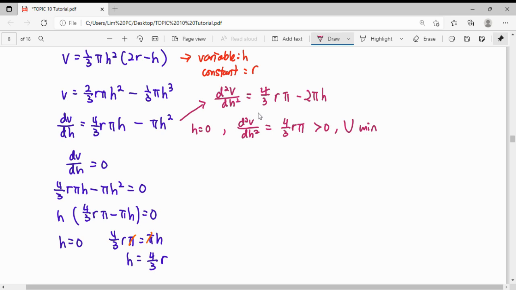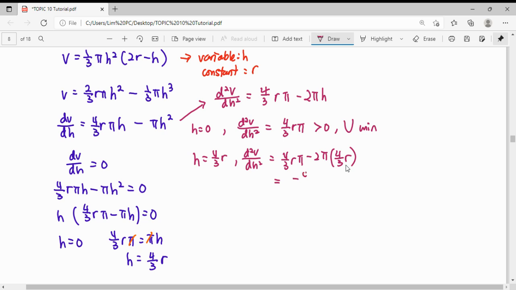So for the other critical value, when h equals 4 over 3 r, substitute into the second derivative. So here we have 4 over 3 pi r minus 8 over 3 pi r.